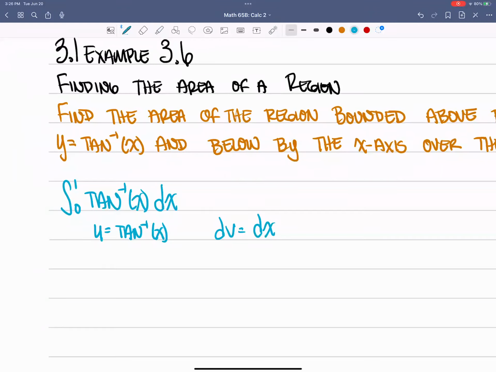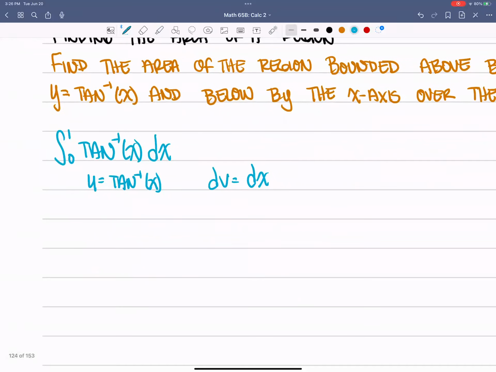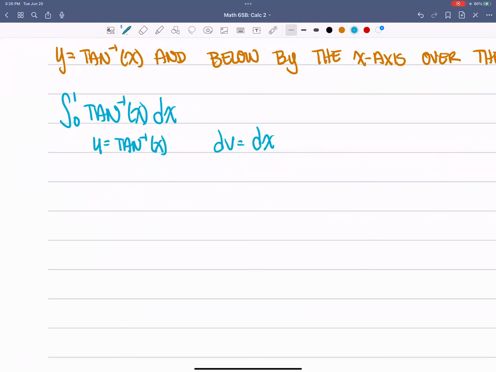We could use our inverse trig substitutions, or do this a long way. So the derivative du is going to be equal to 1 over x squared plus 1 dx. And over here, v is going to be equal to x.